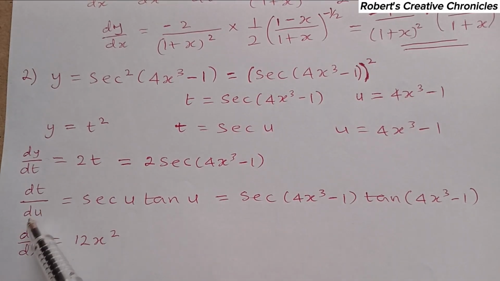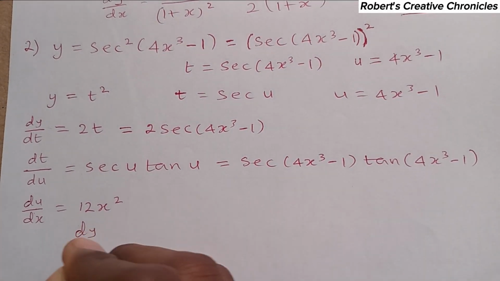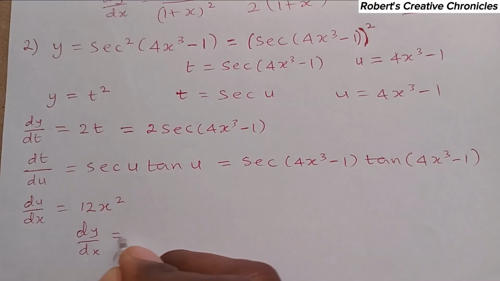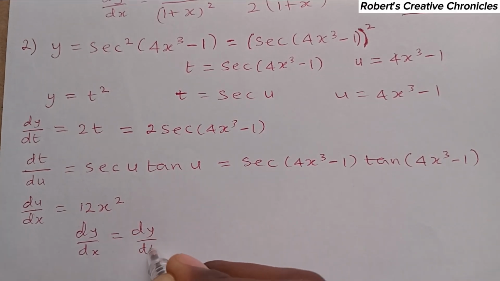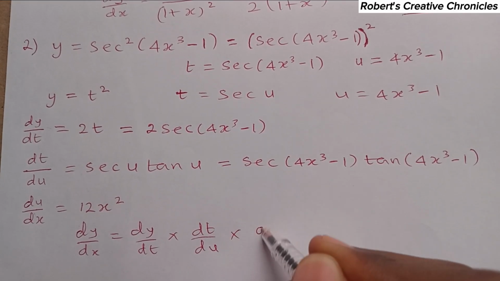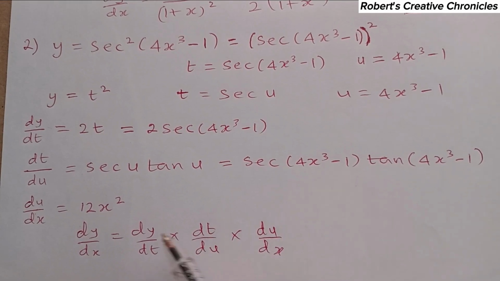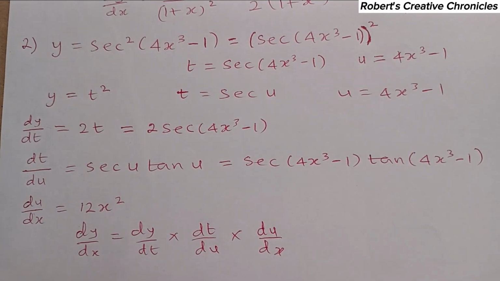Du, when it is multiplied by this one, will cancel here. Let me write it so you see it. So dy over dx is equal to dy over dt times dt over du times du over dx. So this one and this one will cancel each other, this one and this one will cancel each other, and it will remain dy over dx. That's why we are using these two variables.